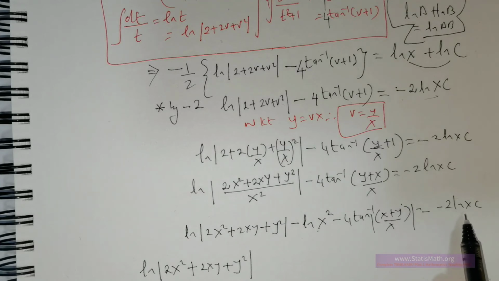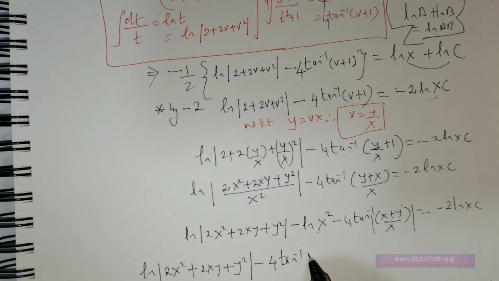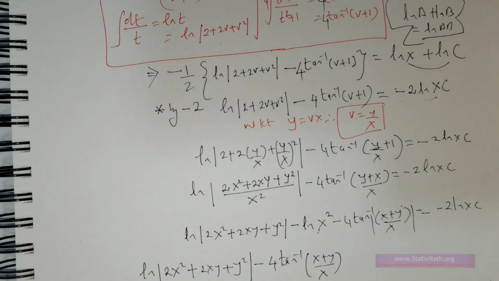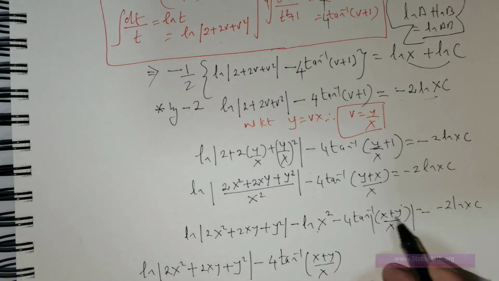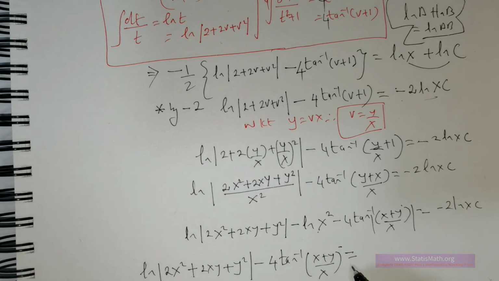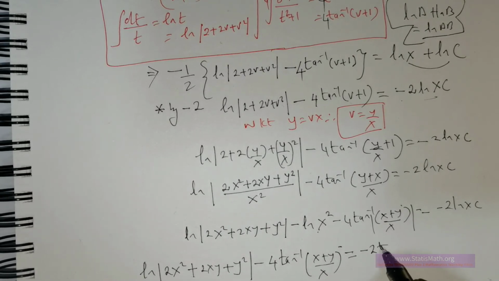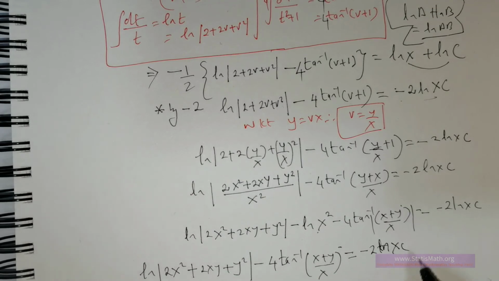So I can actually club these two things together. So let us do that. So this is negative 4 times tan inverse of x plus y divided by x. In fact, you don't need to place the absolute sign, just retain it as it is. So this is equal to negative 2 times ln of xc.